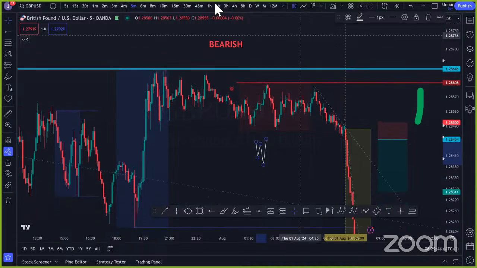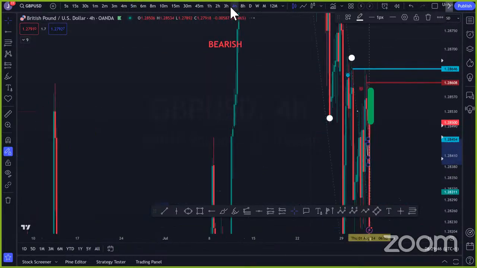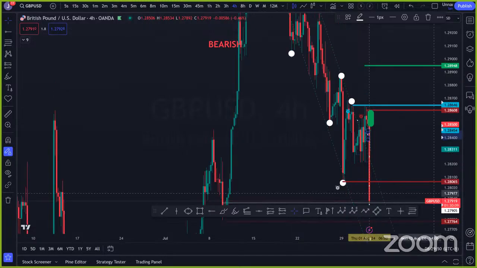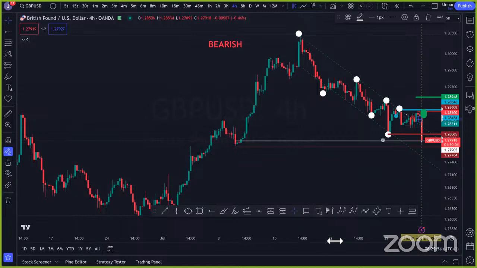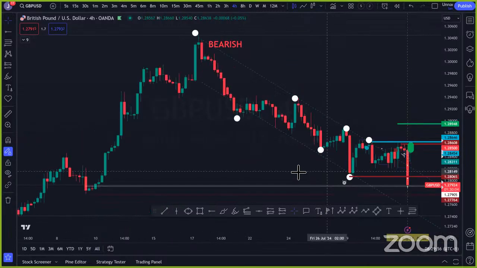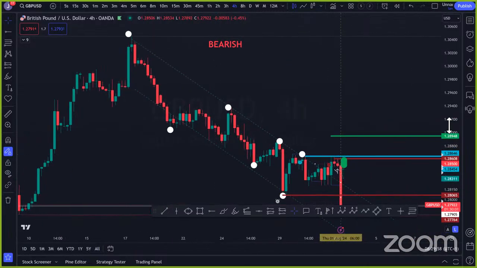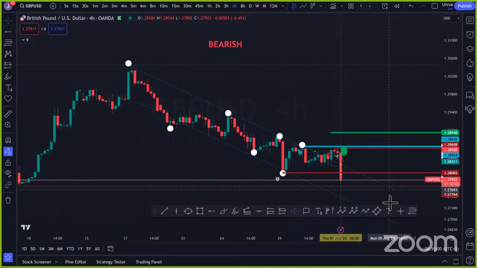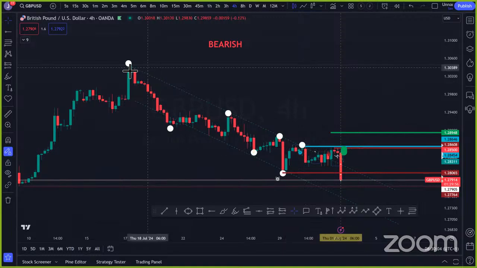Have a look at this market here. We're going to zoom out. When we zoom out of this market, let me hit reset. We can see that GBP USD has been a bearish market. I put some dots on the screen to show you how the market's been moving.